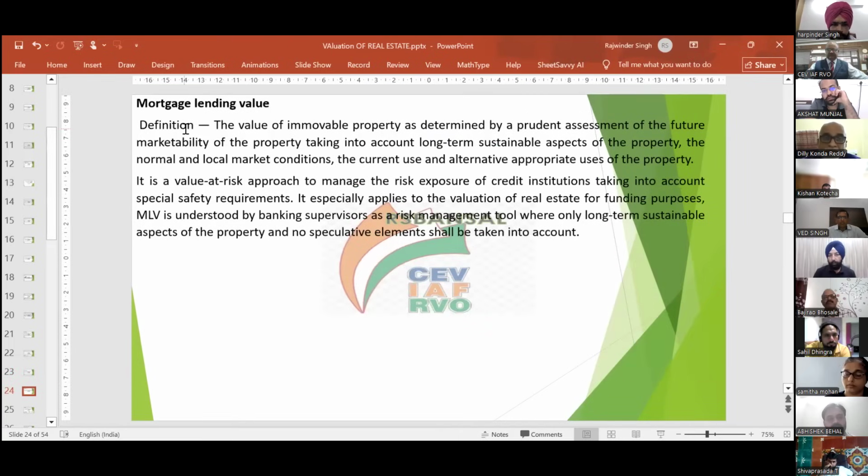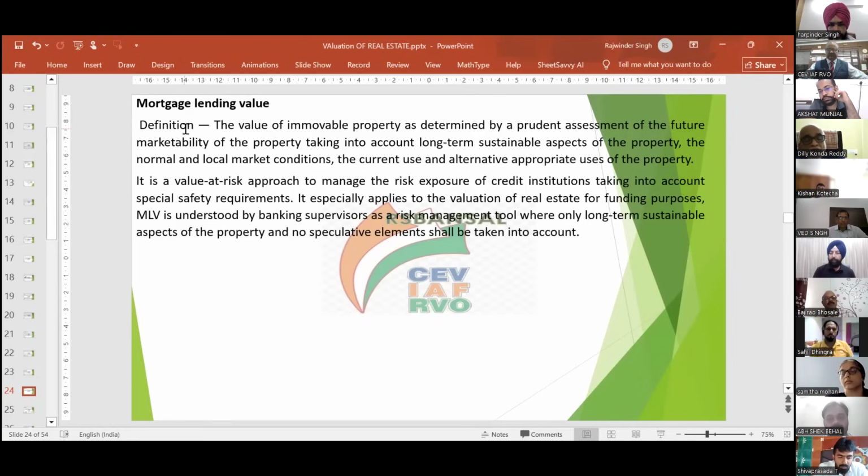Mortgage lending value. When you calculate the value for the banks, the banks on the basis of your value give loan to the customer. But what happens is they give loan as on today.